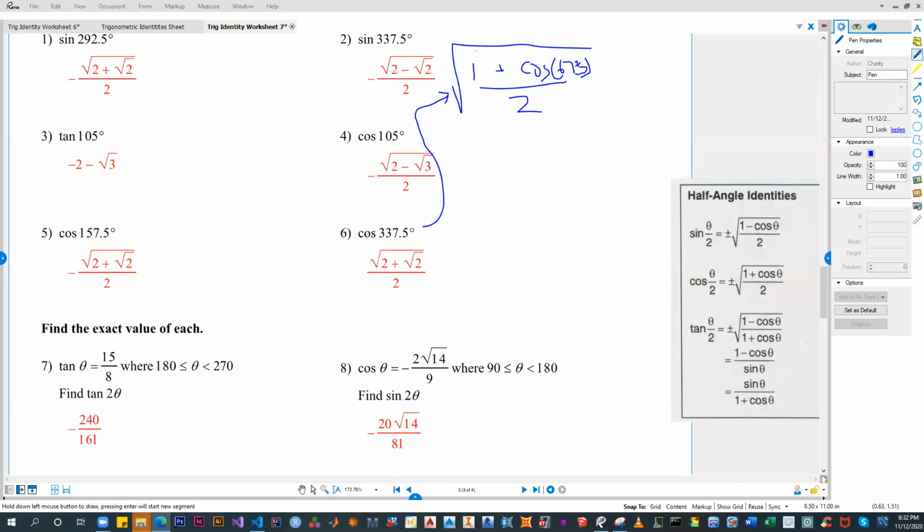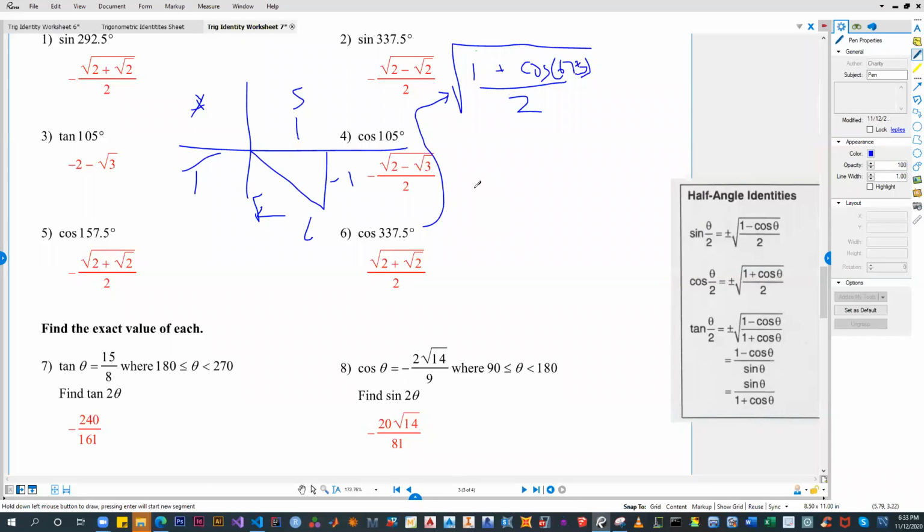So 675 minus 360, what is that? That's 315. So that's the same as this guy again. And this is 1 minus 1 over root 2. But this is positive, because it's right here.